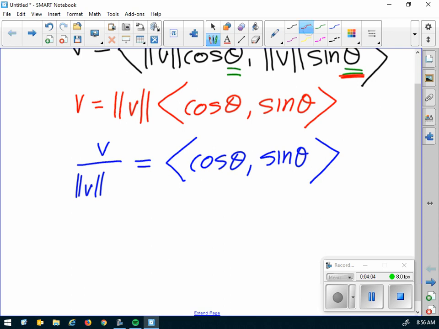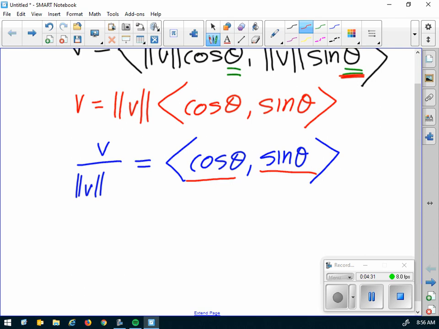Please notice your horizontal component and your vertical component. Now, do you remember how to find magnitude when you have your vector in component form? Pythagorean theorem. It's the horizontal component squared plus the vertical component squared, and then take the square root.